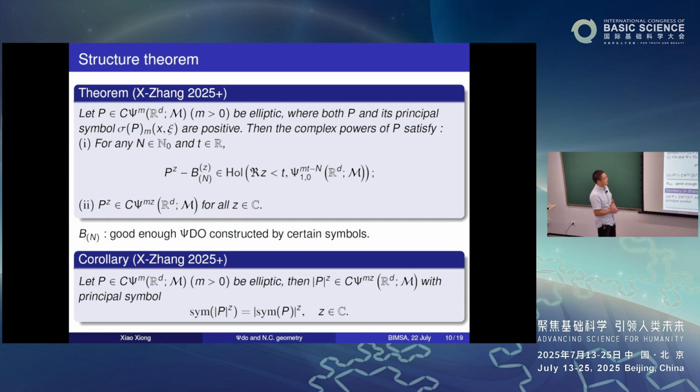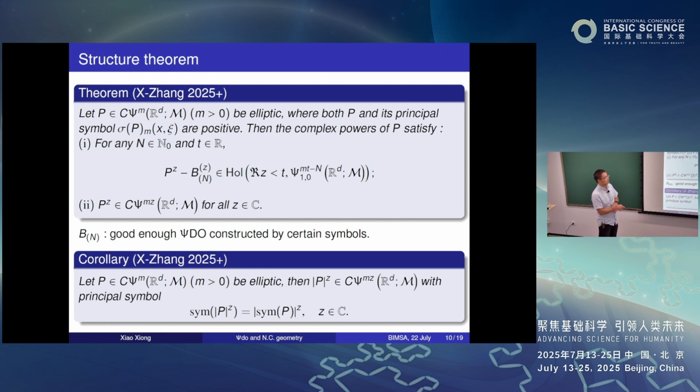Firstly, we can find a good enough symbol, a good enough pseudo differential operator B. B is constructed by the resolvent of P. The final result is that the difference between these two operators is good enough, saying that it is holomorphic on this area, and of course it is operator valued.